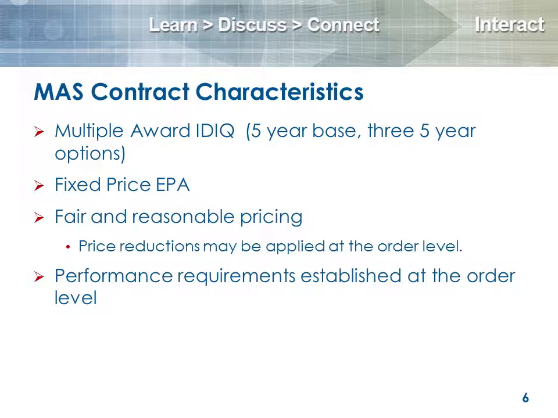Now, we have fair and reasonable pricing. You will find that in our pricing there is a price established at the contract level, but you can always seek a discount off of schedules. In fact, I would say to you that when the contracting officers award these schedule prices at the contract level, there is an understanding that there is every what if that there could be.